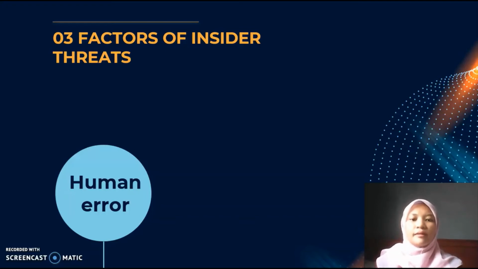This is because a careless and negligent employee is not focused on doing a certain task, such as the examples of human error is by connecting office device to unsecured Wi-Fi, misplacing important files or electronic device that contains confidential information, or using same login credentials for different websites.